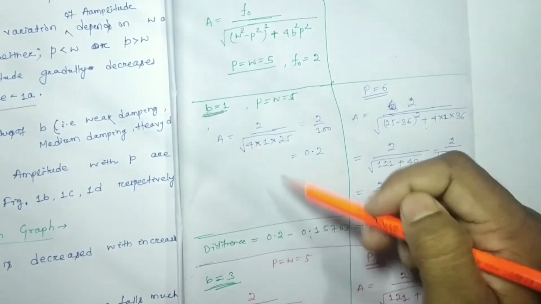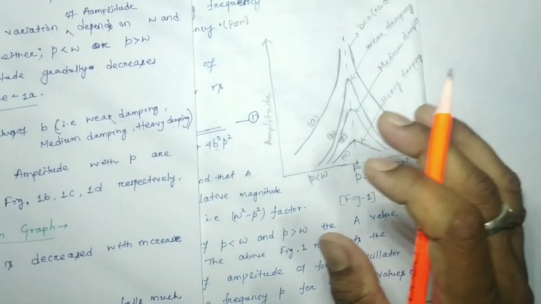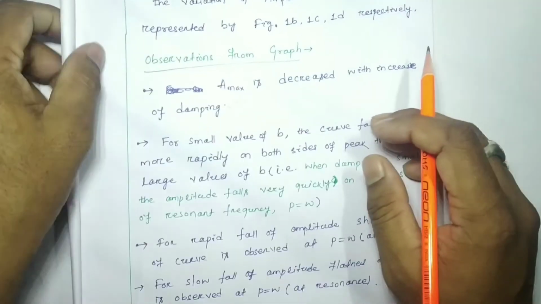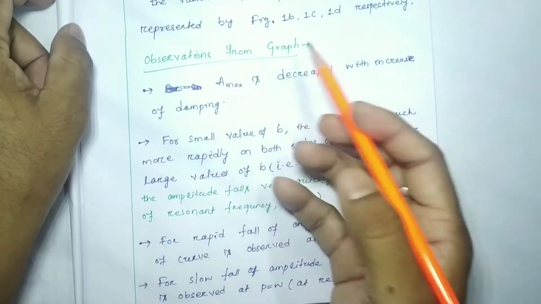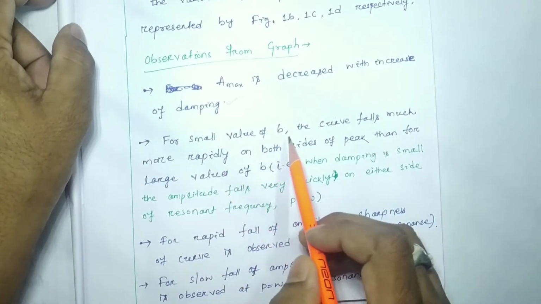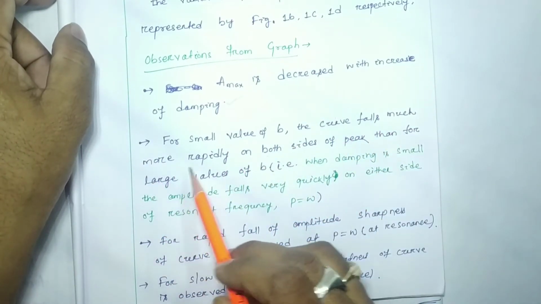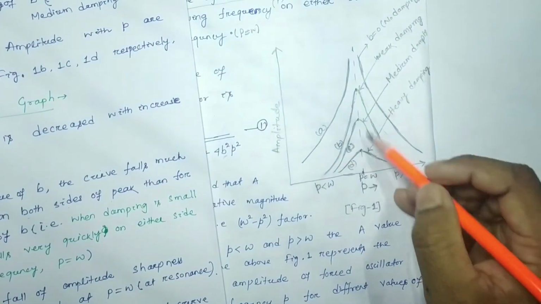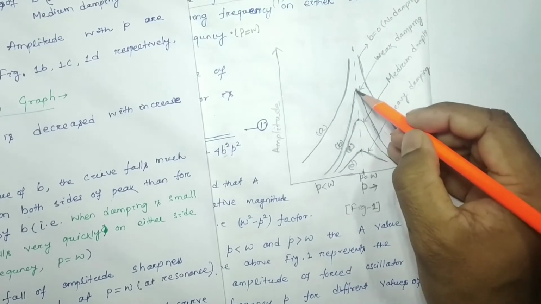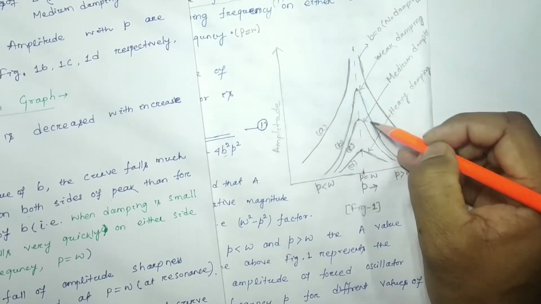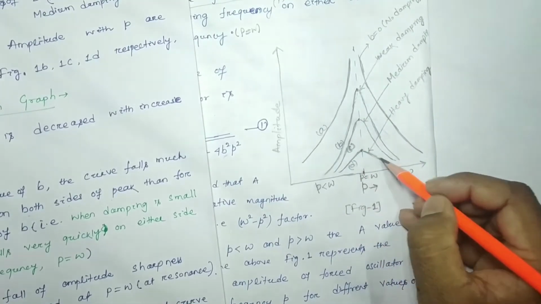I am going to give you one example, you just wait. First I have to read these things. For small b, the curve falls much more rapidly on both sides of the peak, that is, at resonant frequency, whatever the a max, on both sides. For small b, it falls more rapidly as compared with large b.